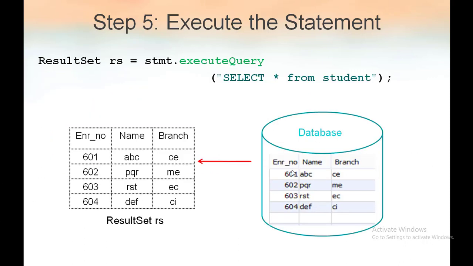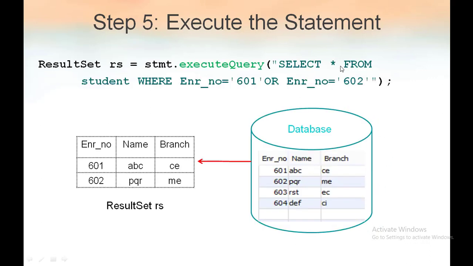Here we have three columns: enrollment number, name and branch in the student table. Select star from student means we are fetching the whole student table and storing the result in the result set object. So this table is virtually stored in RS.